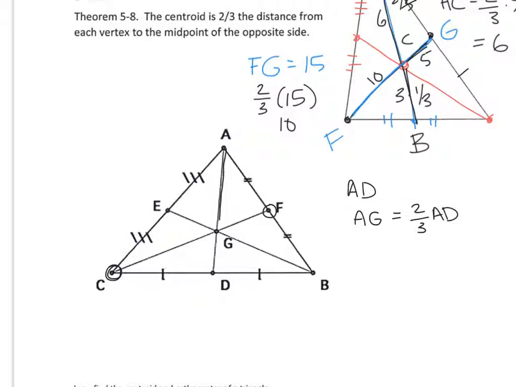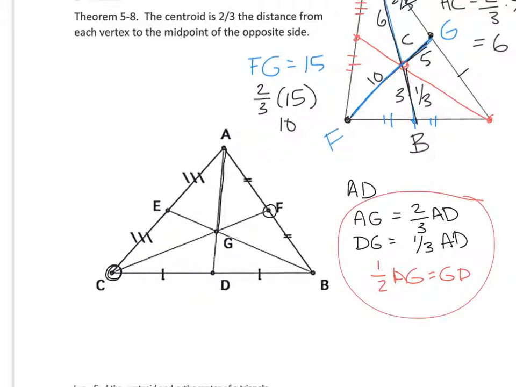This segment is 2/3 of that. DG must be 1/3 of AD because it's the remaining part. You can also write the relationship: half of AG equals GD. That's what's going on. You can do that for each of the 3 segments. I did it for this one, so I'll do one more.